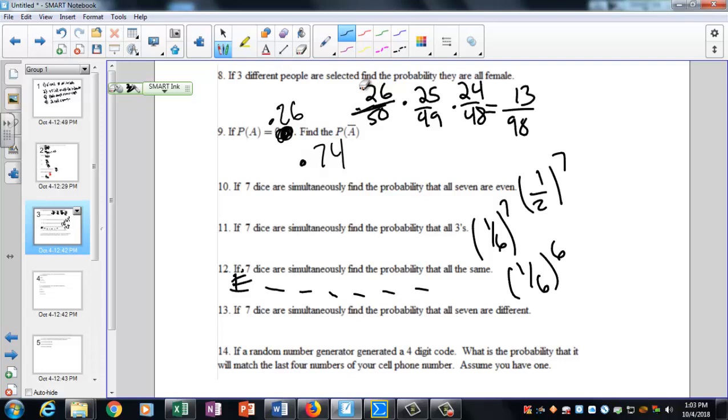What number that is doesn't matter. What is the probability that this number is the same as that one? 1 in 6, and there are 6 of them. 1, 2, 3, 4, 5, 6. So it's 1 in 6 to the 6. Okay.